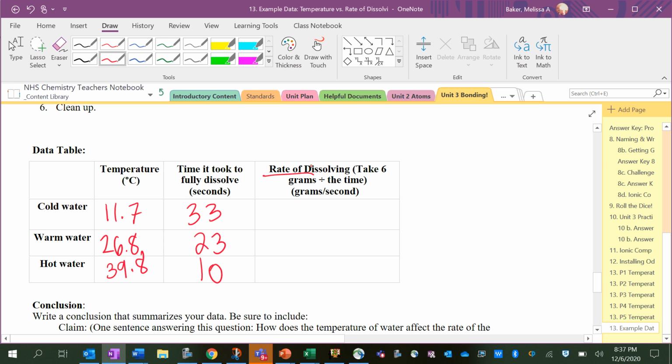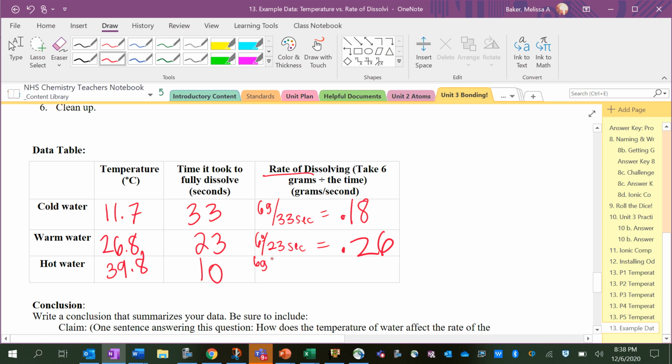Now to calculate my rate of dissolving, I did 6 grams of salt divided by 33 seconds, and that was 0.18 grams per second. And for this one, I took 6 grams divided by 23 seconds, and that was 0.26 grams per second.